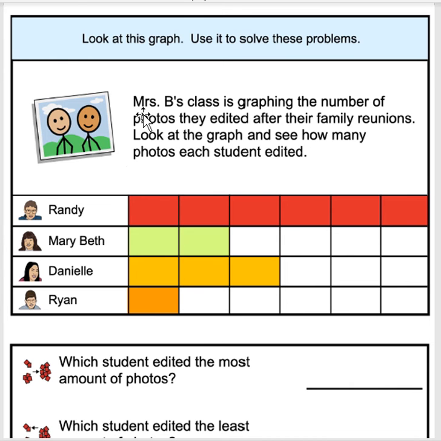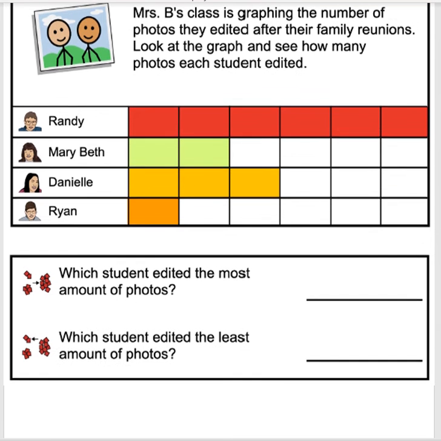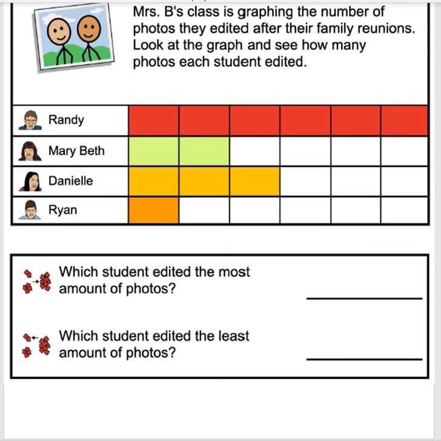So let's read our story. Mrs. B's class is graphing the number of photos they edited after their family reunions. Look at the graph and see how many photos each student edited. So what's important about this graph?